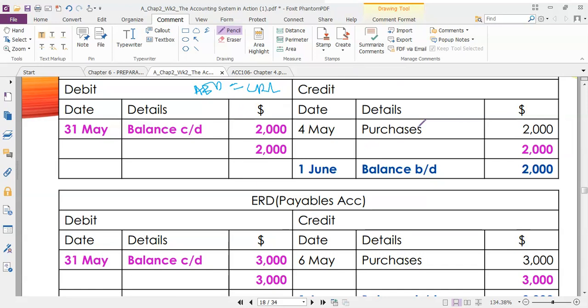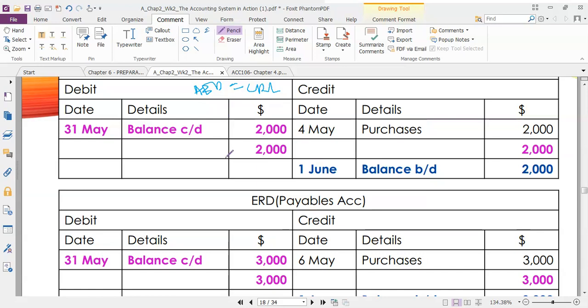You kena tahu account payable tu liability, account receivable tu dia adalah asset. Bank you kena tahu dia adalah asset. Sales account, sales kena tahu dia adalah elemen revenue. Kalau capital tu capital lah. Dekat liability ada banyak jenis, ada account payable dan juga loan.